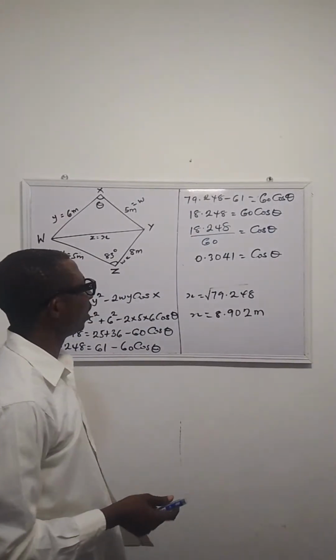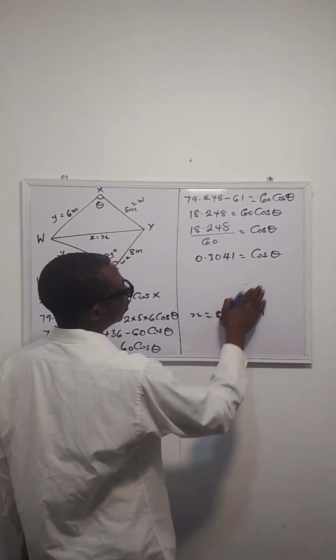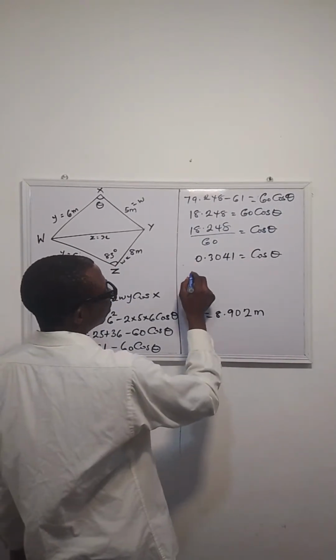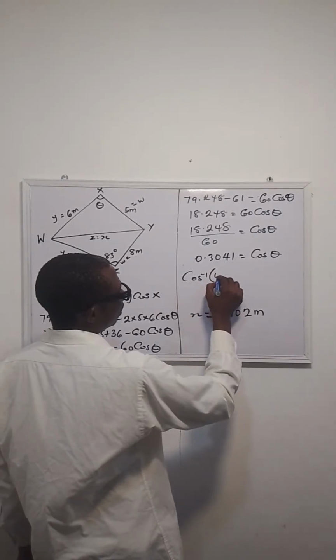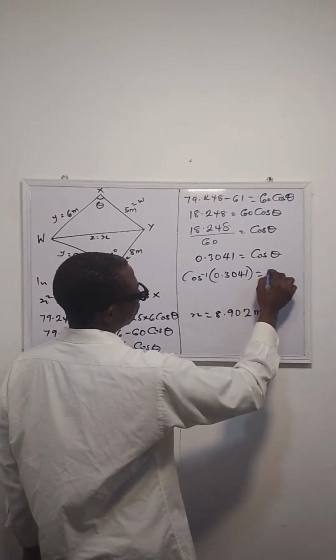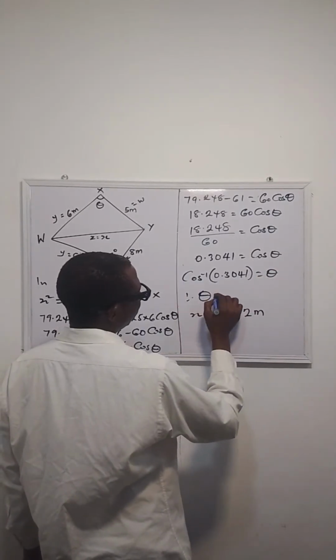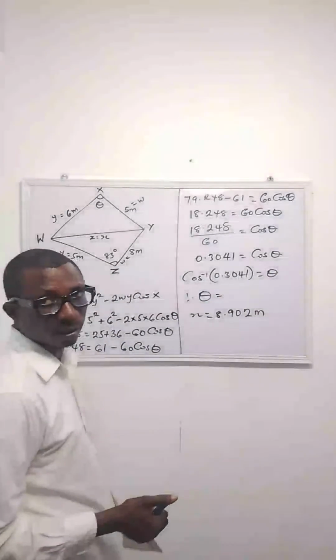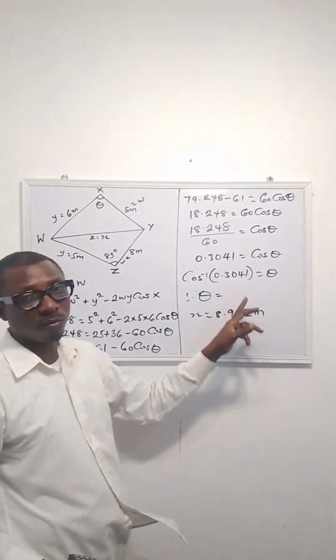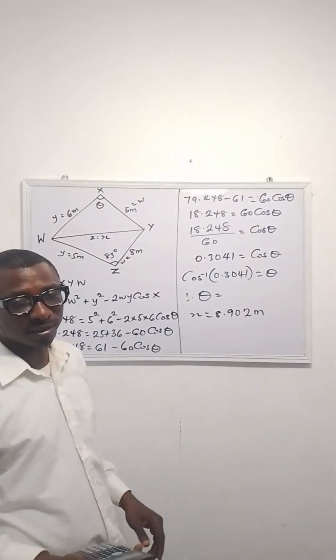Alright, so now you take arc cos of both sides. So you have arc cos of 0.3041 equals theta. So what is going to be the value of theta here? Find arc cos of 0.3041 and drop your answer in the comment section.